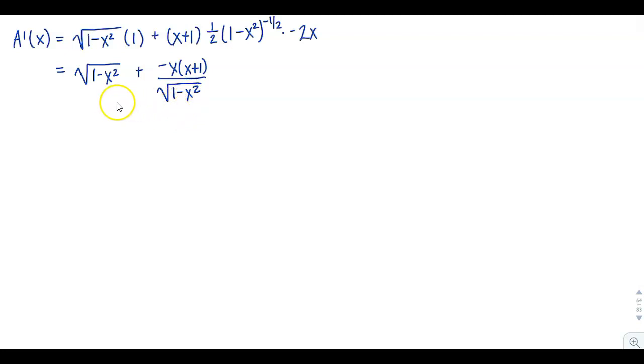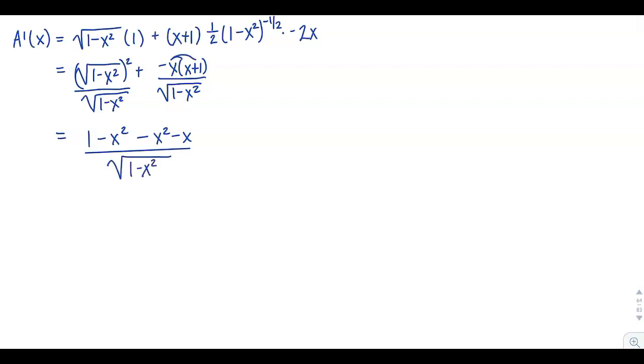And now I want these to have common denominators, so I'm going to multiply the numerator over here by radical 1 minus x squared, and that's the same as the denominator here, so I'm just going to write it as that radical squared. And let's see, that's going to give us 1 minus x squared minus x squared minus x, so I'm distributing this x here, all over radical 1 minus x squared.